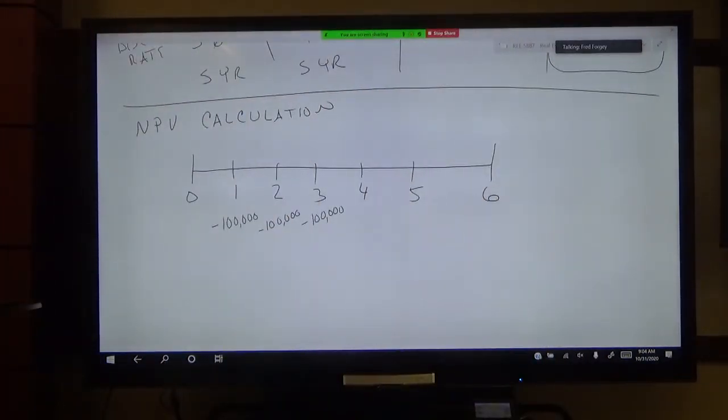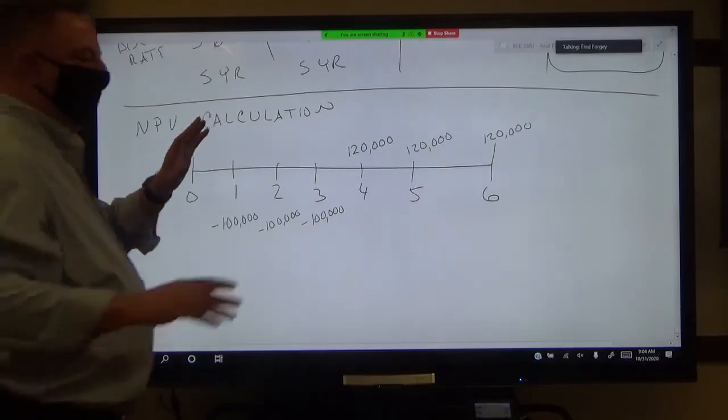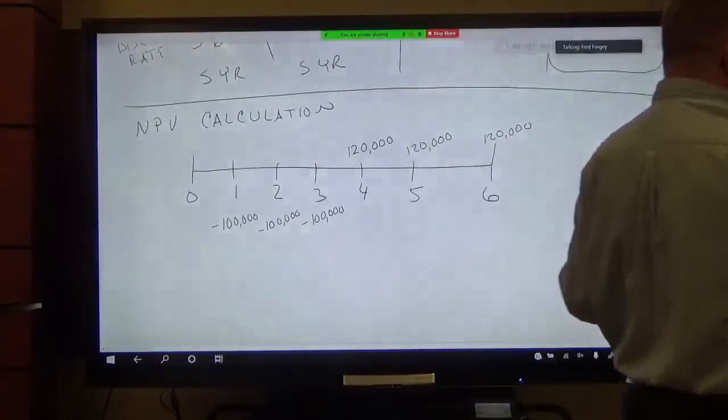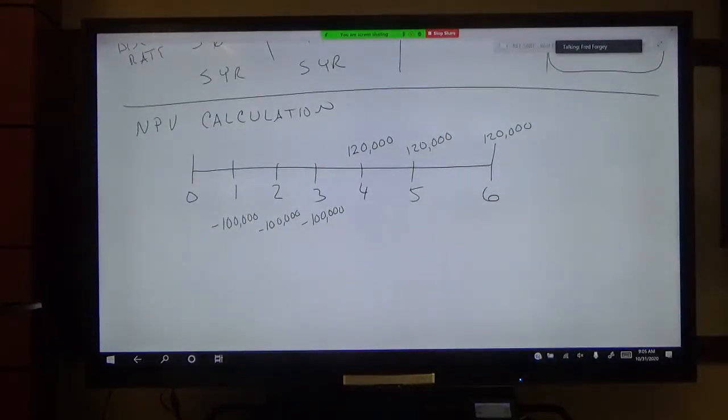Now, subsequent to that, we maybe are receiving cash inflows of, let's say, $120,000. Now, one model that this would, in a very broad way, be reflective of is, let's say, home building.